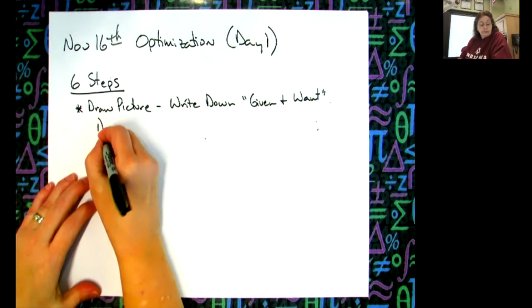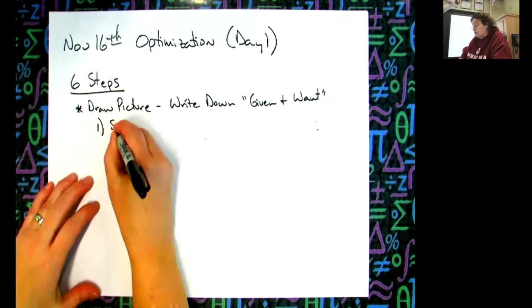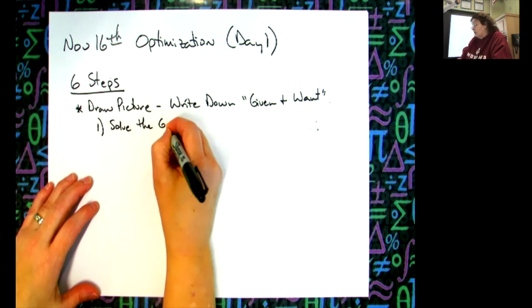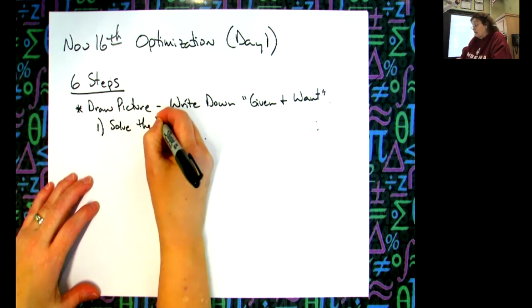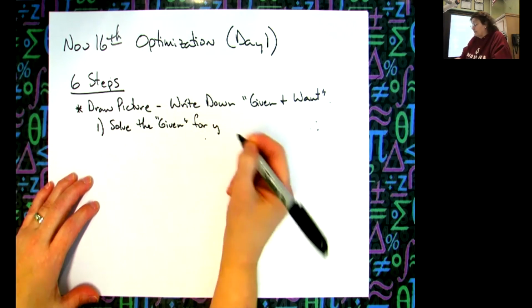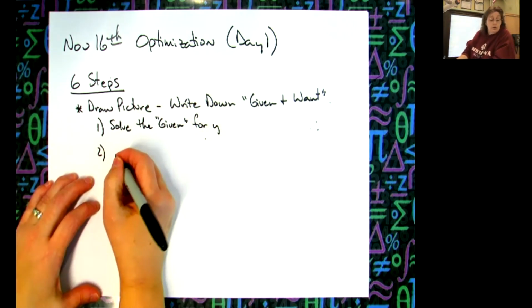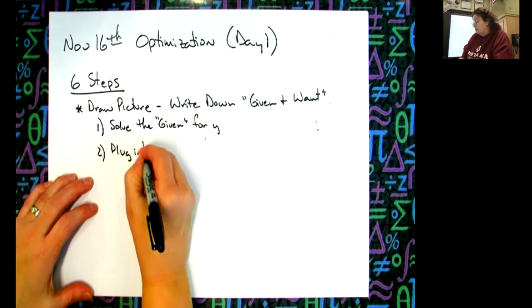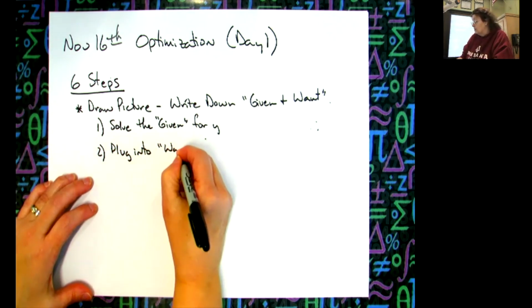Okay. So the first thing that we're going to do is we are going to solve the given. So you've got to be able to identify that given from your problem. You're going to solve the given for y. Okay. Step 2, we're going to plug into our want.